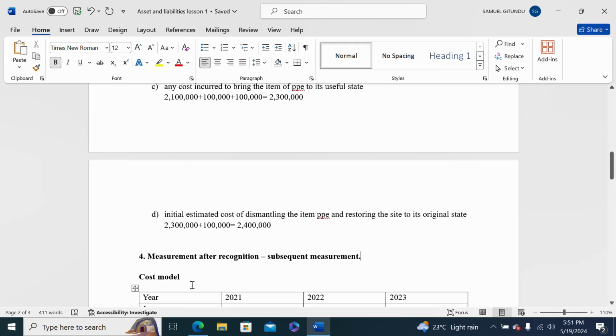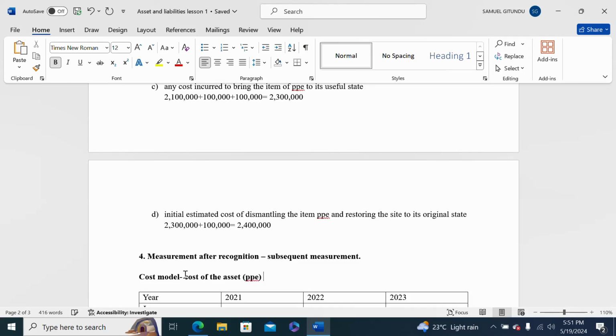So what is the cost model? The cost model simply means the cost of the item, the cost of the asset. Remember, we are talking about property, plant, and equipment.